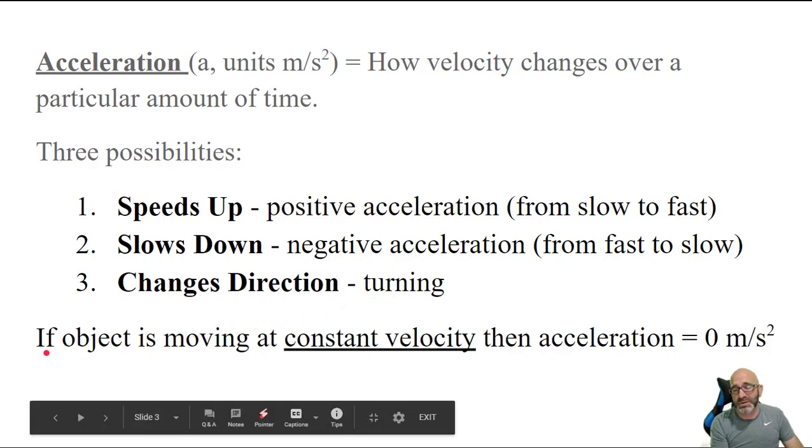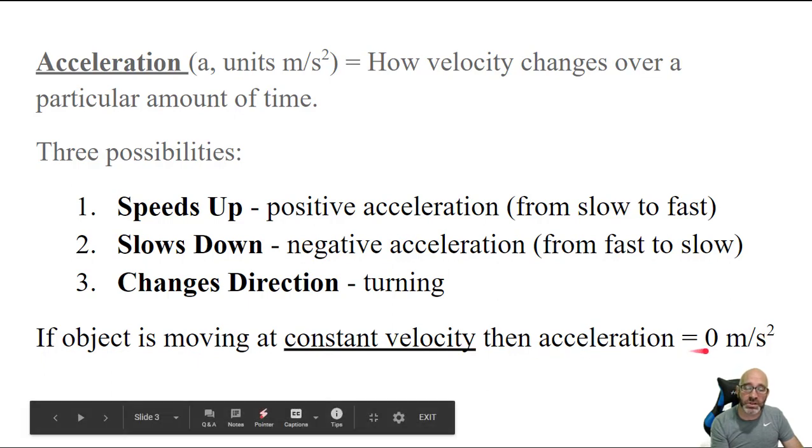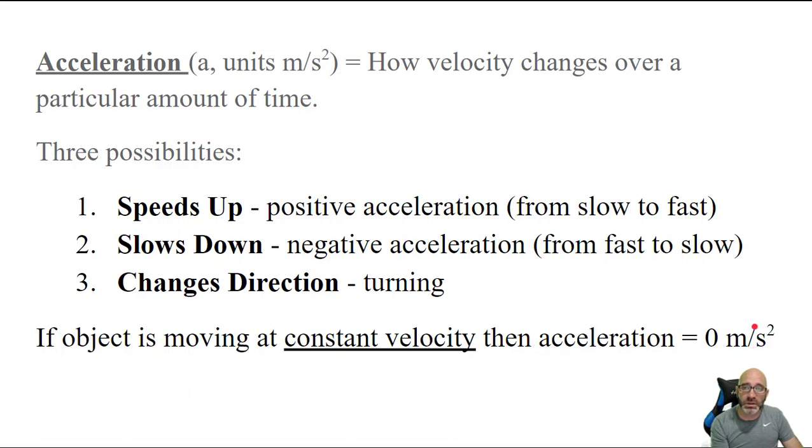One thing that students tend to have difficulties with is that if an object is moving at a constant velocity, then we say that the acceleration is 0 meters per second squared. So for example, if an object is at rest and it has 0 velocity, and then sometime later it still has 0 velocity, it is not speeding up, it is not slowing down, and it is not changing directions.